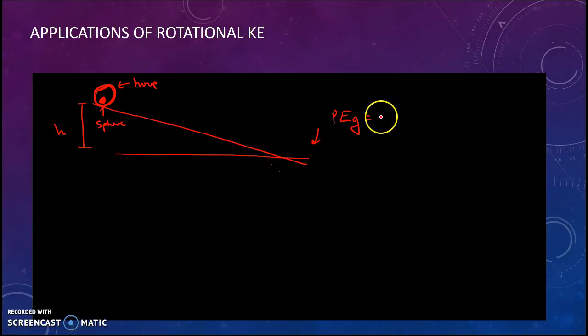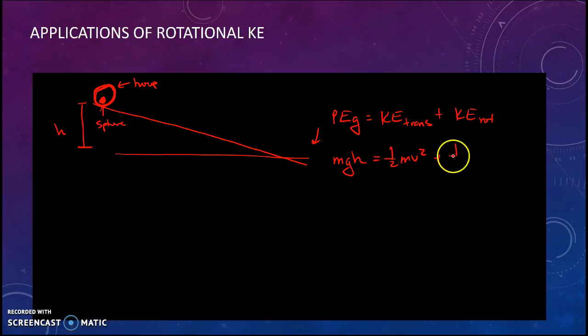But now, instead of just saying it's equal to the translational kinetic energy, it's going to be equal to the translational kinetic energy of its center of mass, so we're going to pay attention to the center of mass and its velocity, plus the kinetic energy of the rotation, okay? And so we'll have an equation, mgh is equal to 1/2 mv squared plus 1/2 I omega squared.